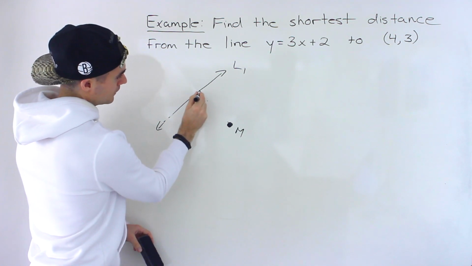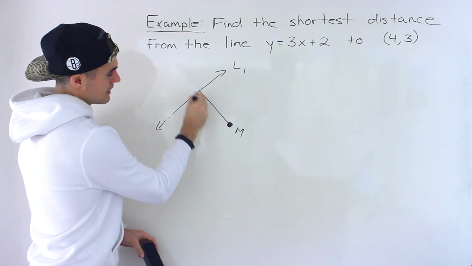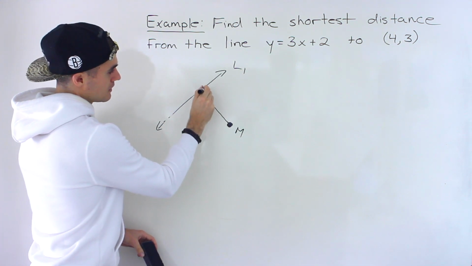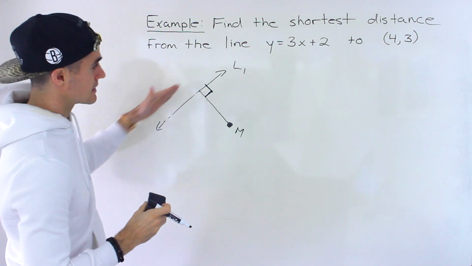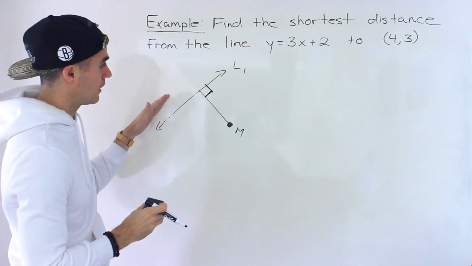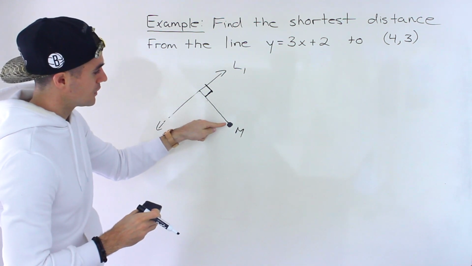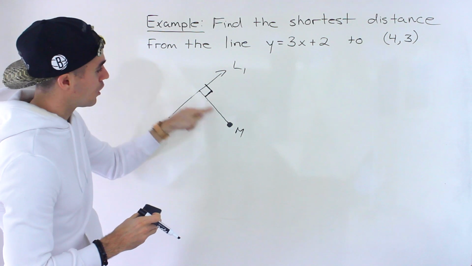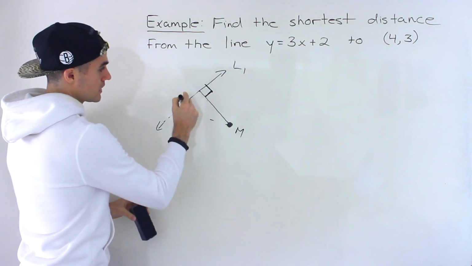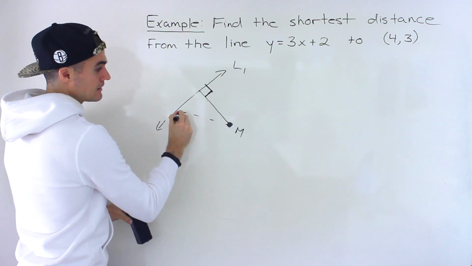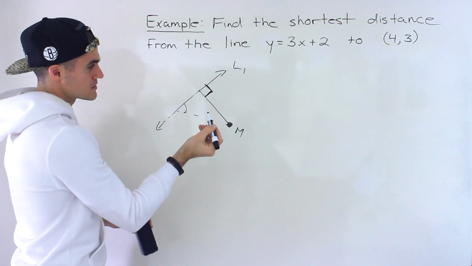So what that means is that this line here that we have makes a 90-degree angle with this line that we're working with, this line L1 over here. That's always going to be the shortest distance, because all the other distances, which are longer than this one, the angle between the line and this distance line is not going to be 90 degrees.